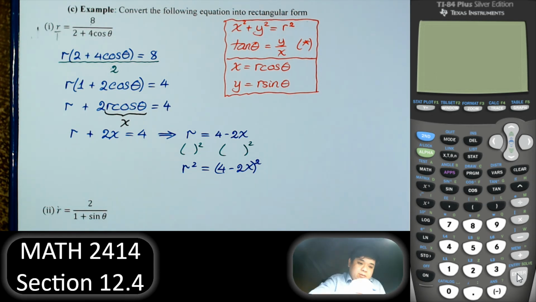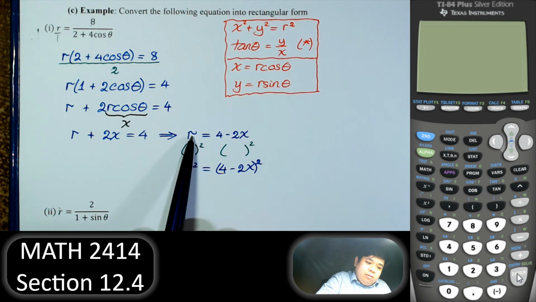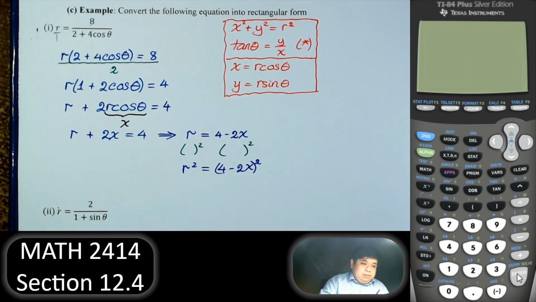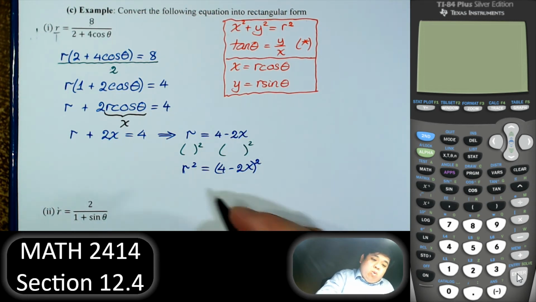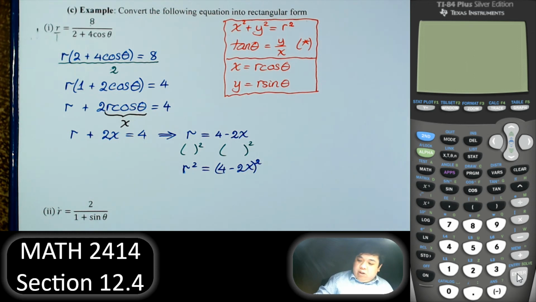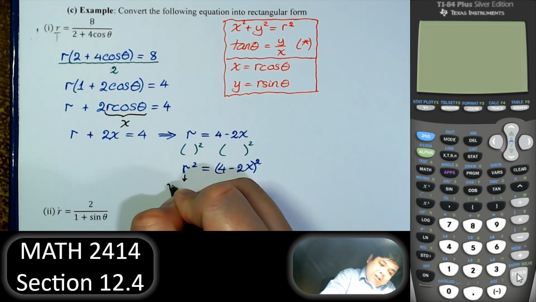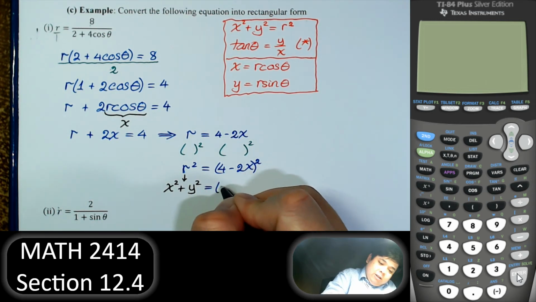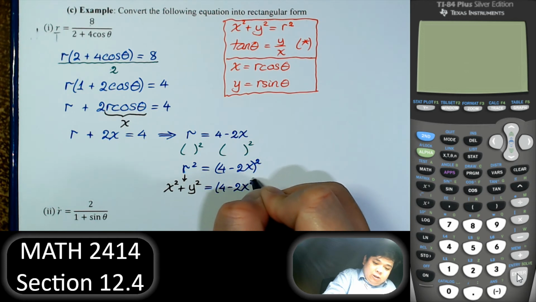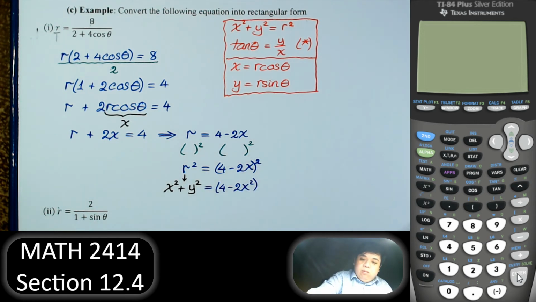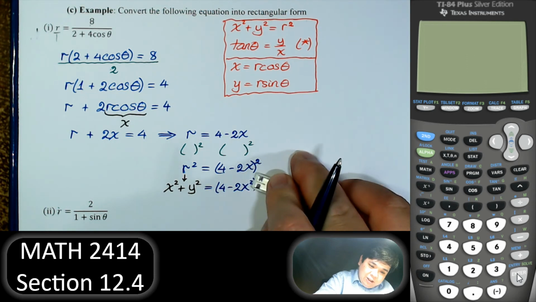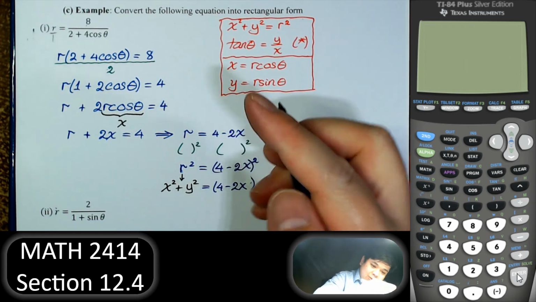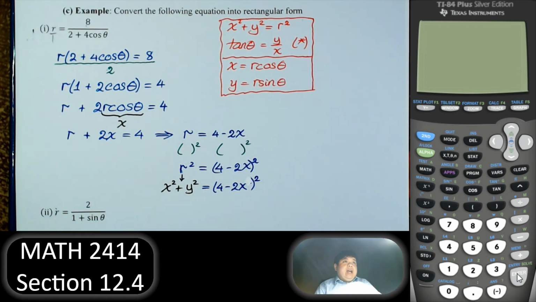Right? And then when we have r squared, we're going to turn that into x squared plus y squared. Put a square outside, and we can multiply around and simplify.